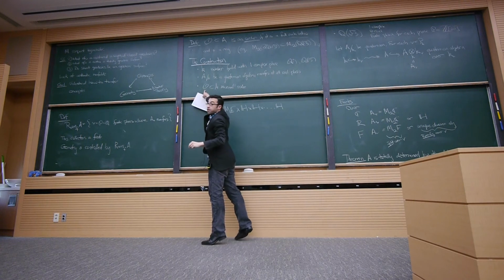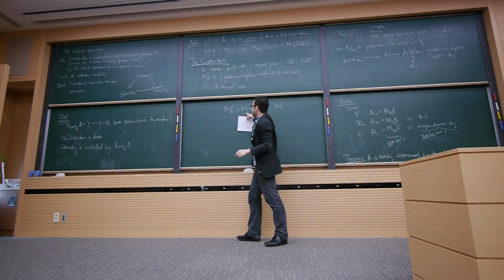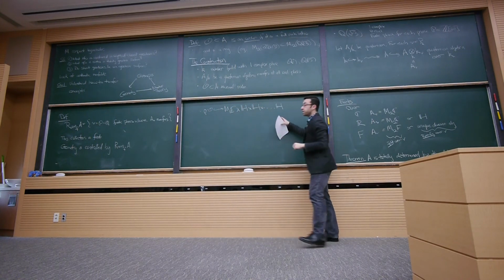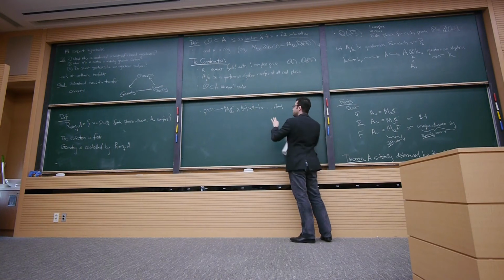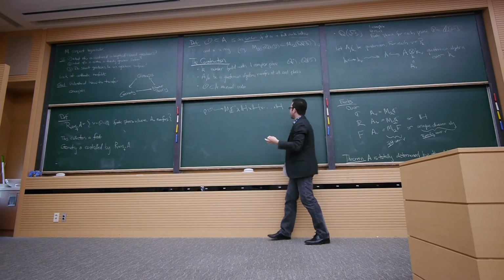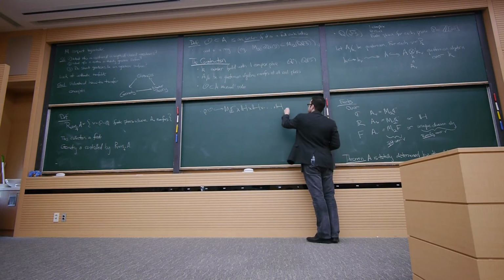So this sort of spreads out, if you look at the diagonal embedding of this guy into here. And the point is that once you spread this thing out, this thing is going to be discrete.